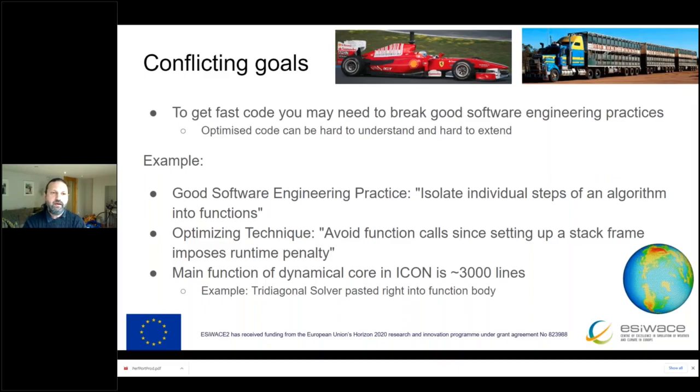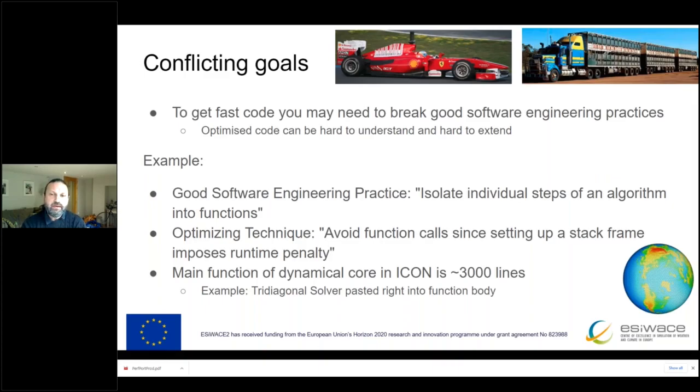So just a simple example, we all know that if you're writing code, you want to make sure you isolate steps of an algorithm into separate functions. You don't want to repeat a function in multiple places. But in order to get the highest performance, sometimes you might want to inline these things and avoid these function calls.